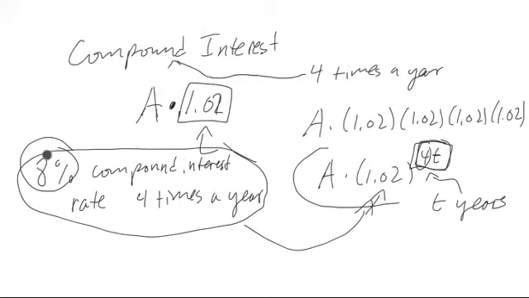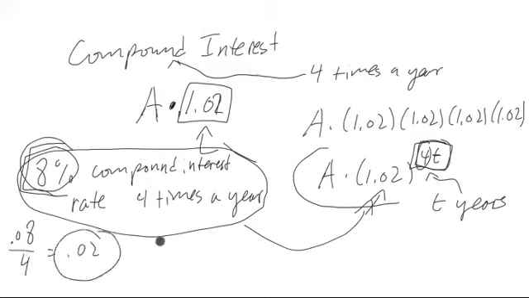However, it's deceiving. We say 8%, but we're really not compounding with a 8% growth anywhere. Actually, every time we compound, we grow by 2%. We multiply by 1.02. Then why in the world do we say 8% when we really mean that we're multiplying by 1.02? It's because we take 8% and we divide it by 4 to get 0.02.